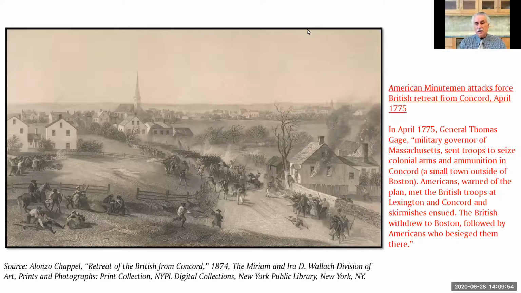You can see here American Minutemen attack and force the British to retreat from Concord. So you can see on this road that the Minutemen are on the hills and in the houses and looking out of windows. And the British troops are retreating, but they're being shot at and killed as they pass.